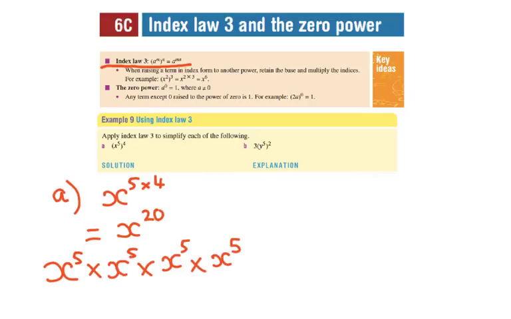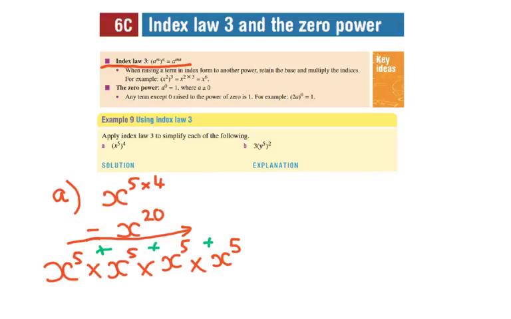If we then refer back to index law number 1, where we're multiplying the same base number, that means we add our indices together. 5 plus 5 plus 5 plus 5 gets us x to the 20. So this is why the rule works, and we multiply 5 by 4.